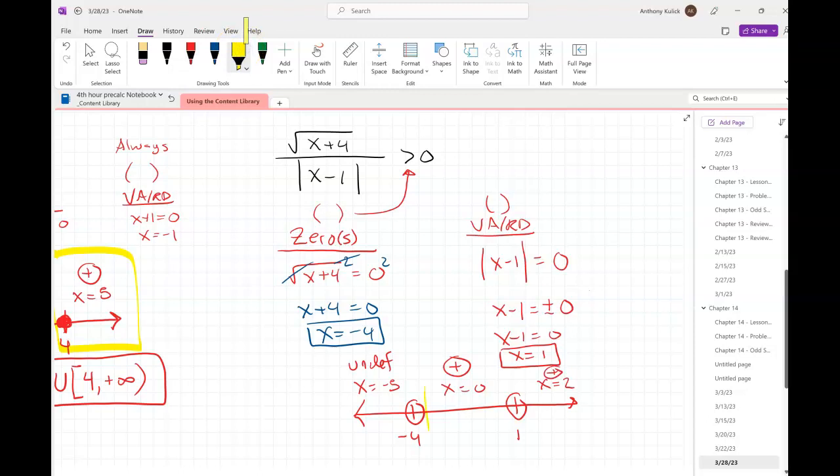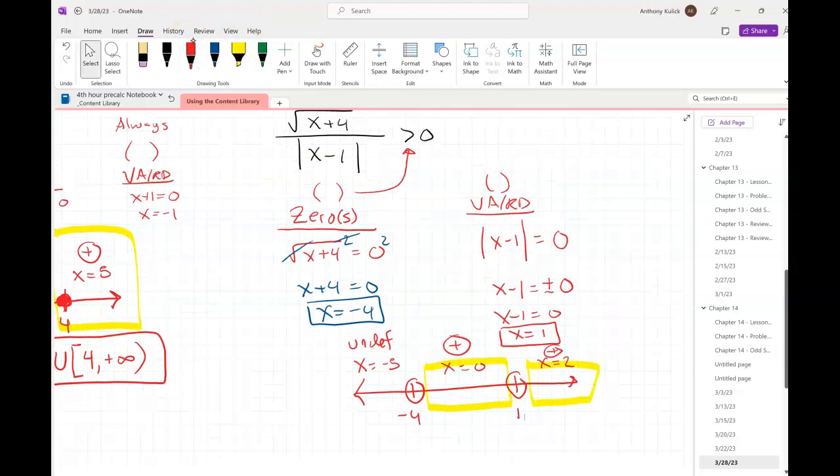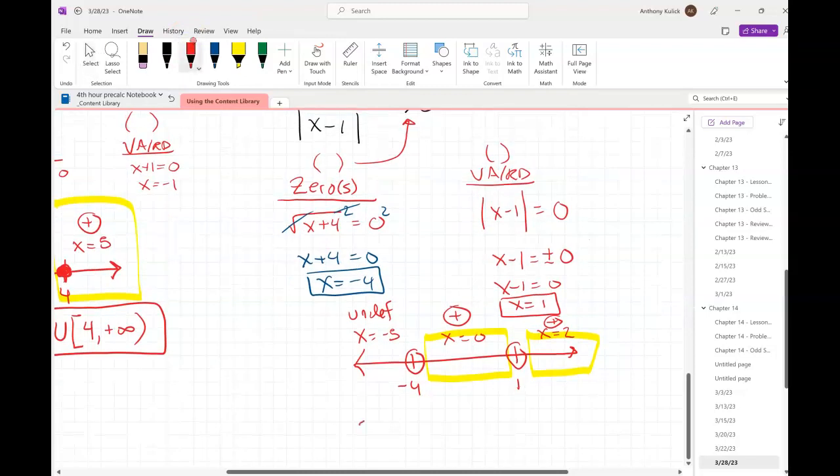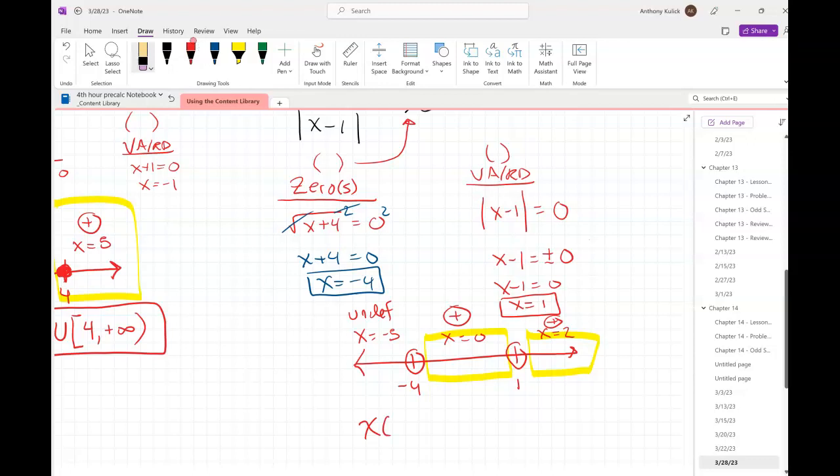So my solutions then are those parts of my graph. It's a little bit tricky there because I need to still do 2 separate intervals because positive 1 is not included. So everything up to positive 1 and everything after positive 1.